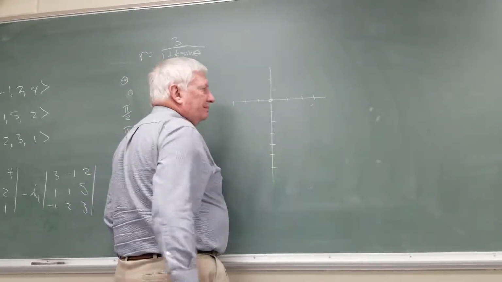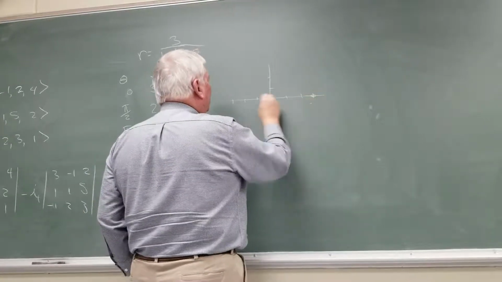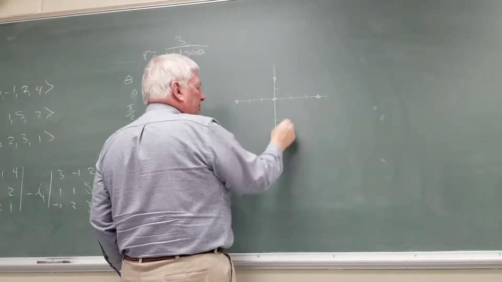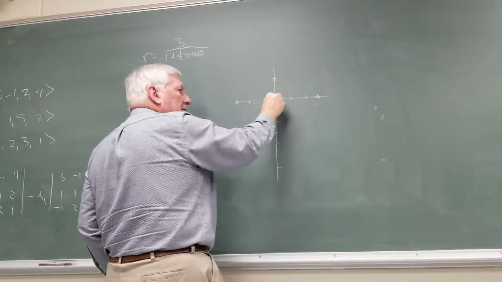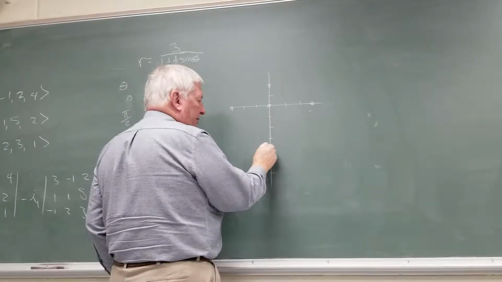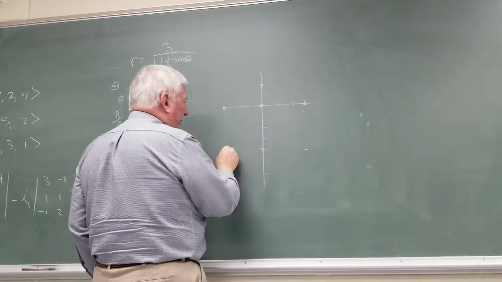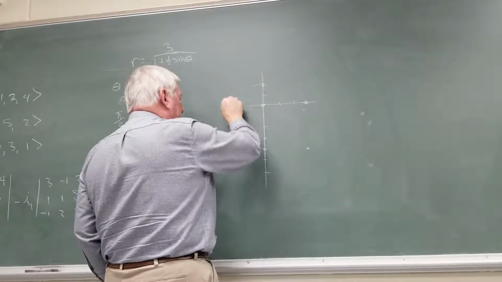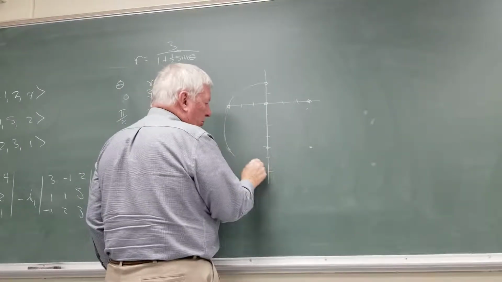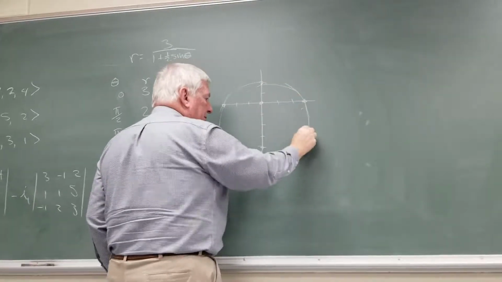This is the focus. The ellipse, let's see, 3 there, 3 here, 2 there. So if the focus is 2 units from the vertex on that side, it's 2 units from the vertex on this side, and it'll be out 3 and out 3, and we'll connect these with a smooth curve through these points.